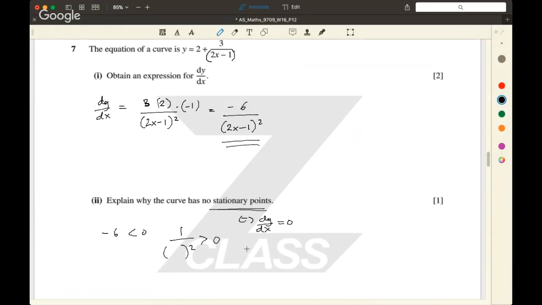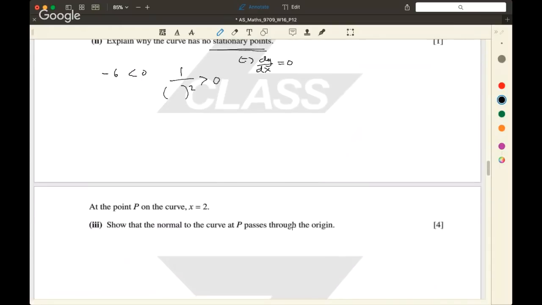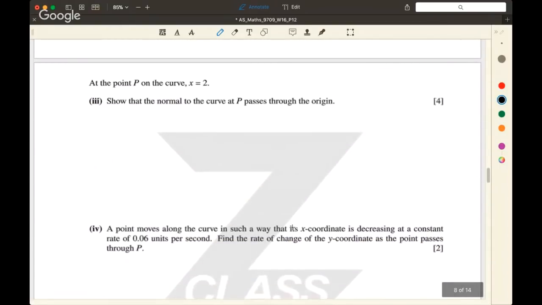It can never be equal to 0. You can't divide 1 by anything except infinity, I guess, and expect it to go to 0. So the curve kind of has a stationary point at infinity, but that's not a real number. That doesn't count. So just say that you cannot solve dy dx equals 0, because the curve has no stationary points.